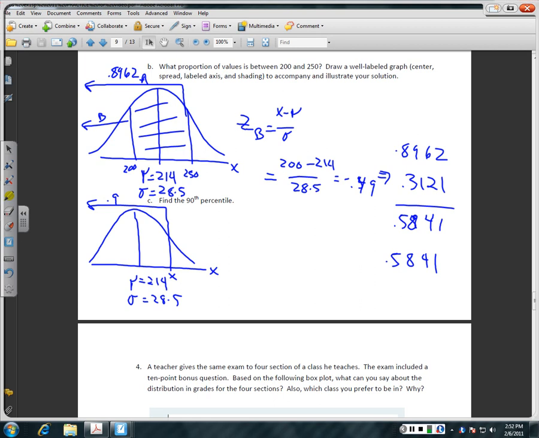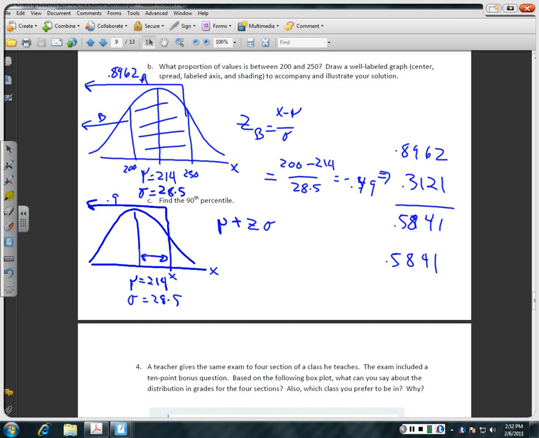So we're above the mean, and we're going to be the mean plus z standard deviations, where z is the number of standard deviations away from the mean. Normally we start with a z value and work our way to an area, but now we're using the area, the 0.9, and we're going to back our way into a z value from that.